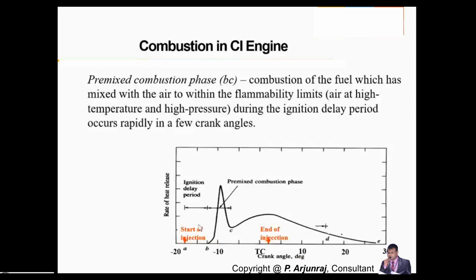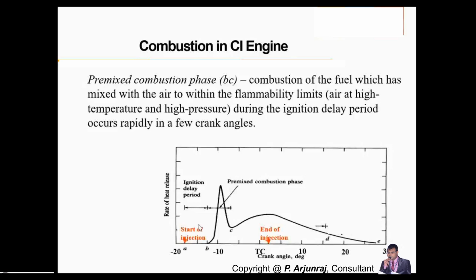The piston moves from BDC to TDC, and that also adds temperature. So this temperature and the temperature you get out of the flame or combustion finally result in the overshoot of pressure. When the pressure overshoots, the rate of heat release is also higher. This is what is explained in the diagram.